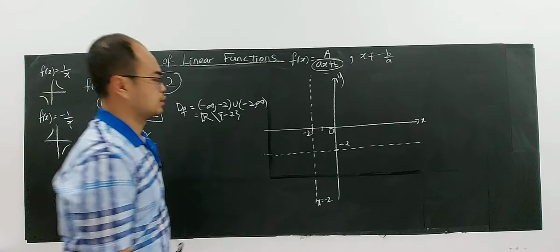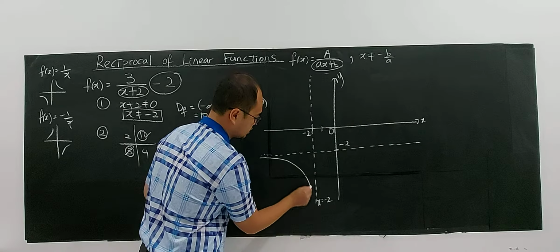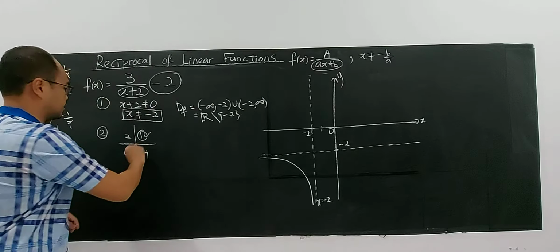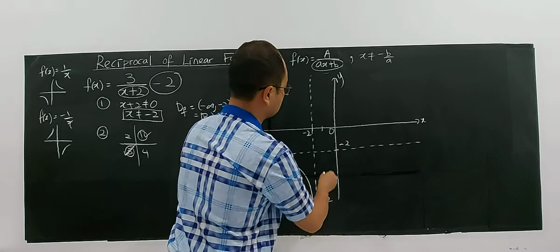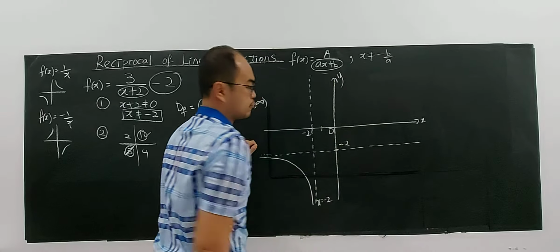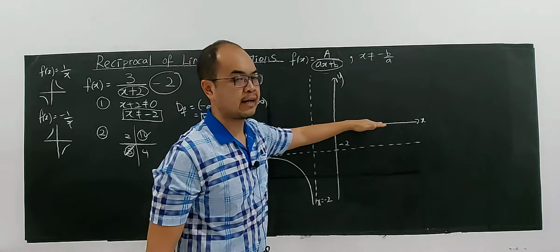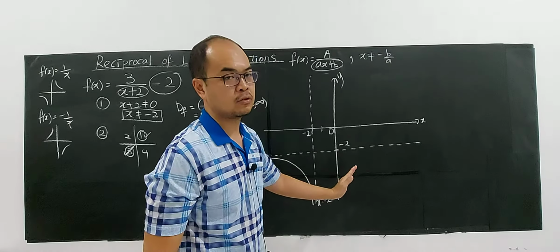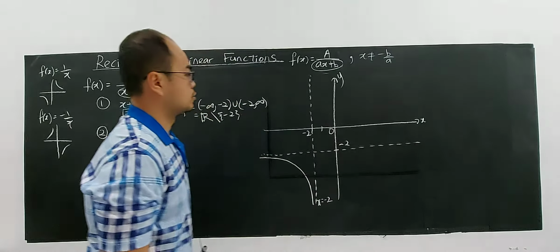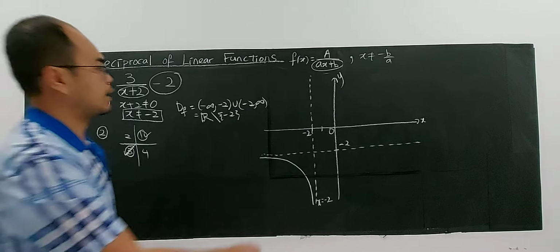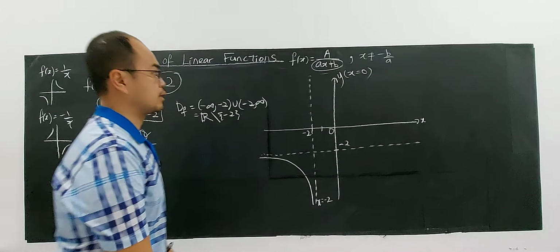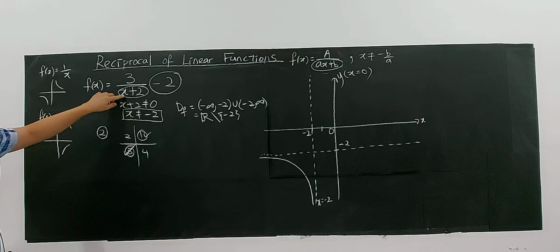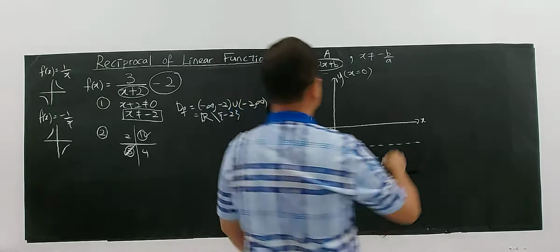So very simple, you just sketch. But for section number 1, I think it's better for you to find the y-intercept first. Either x-intercept or y-intercept is enough, but finding the y-intercept will be easier. x equals 0, so you substitute x with 0.